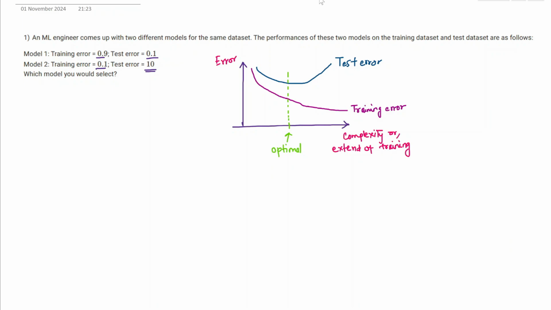Now what is the case given in the example? In the first case the training error is around 0.9 and the test error is 0.1, which means that the test error is 1 by 9th of the training error.